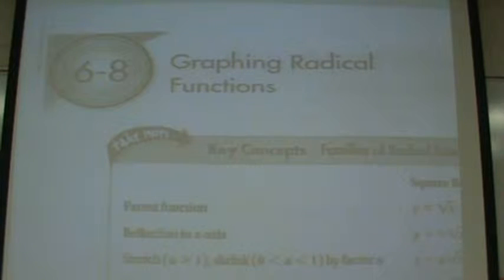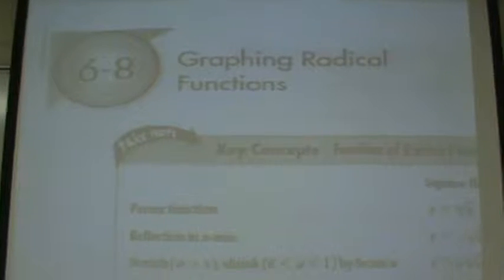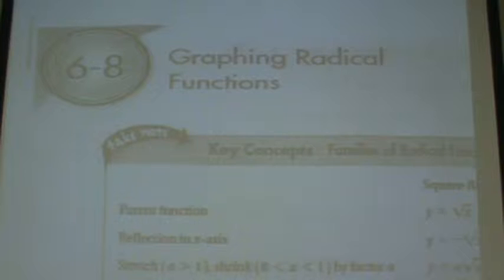Okay, today what I'm going to do is go over 6.8, where we're going to graph square root and other radical functions. I'm also going to go over the inverses, which will help you with 6.7. 6.7 dealt with inverses of radicals, and it's very difficult for you guys to do.